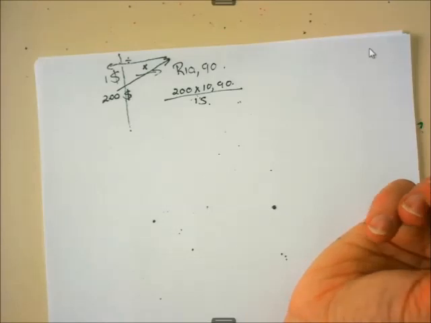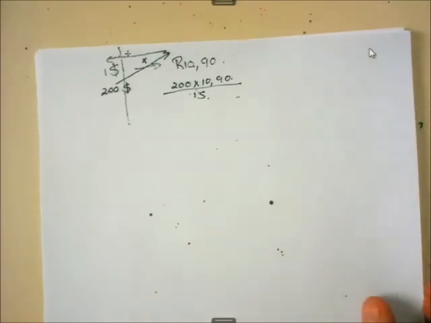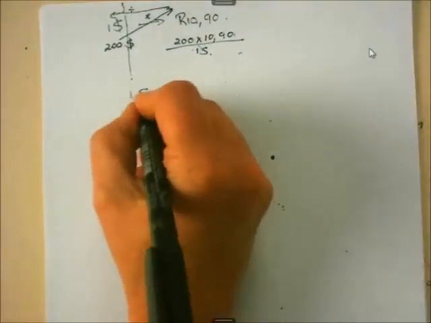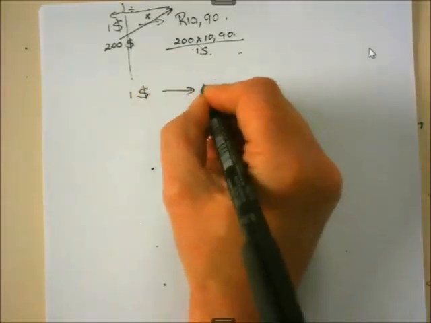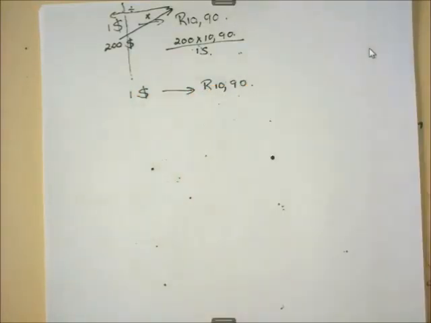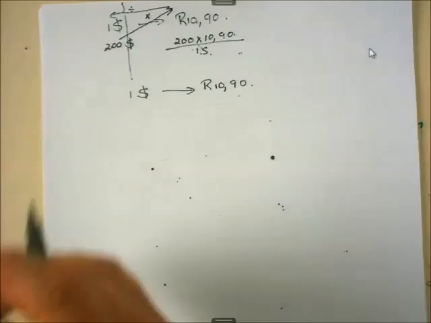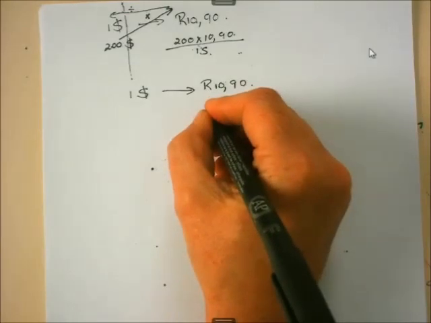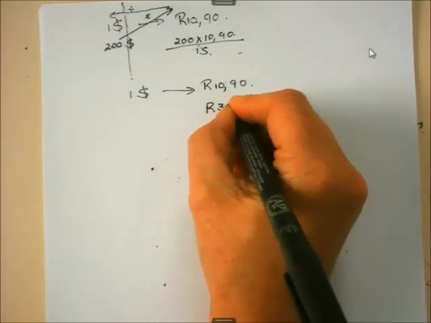Okay. So the exchange rate is going to be given to you and you're going to handle it as an ordinary exchange rate sum. If, for example, it is given that $1 is 10 Rand 90 and I'm asking you how many dollars will 300 Rand be, what must I do then? 300 Rand, I'm going to write it on this side.